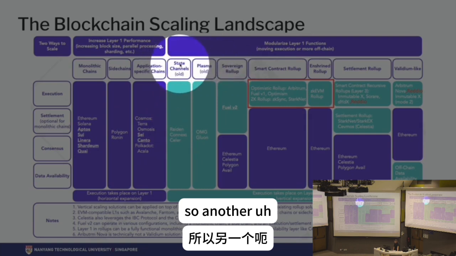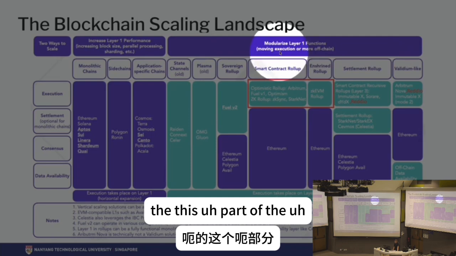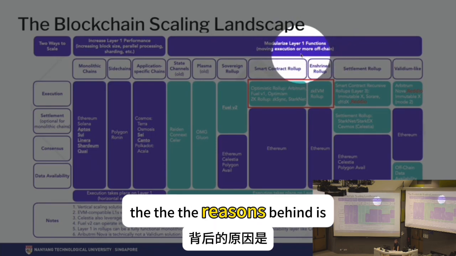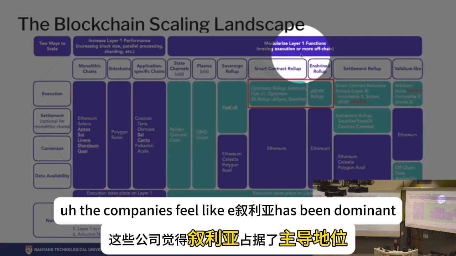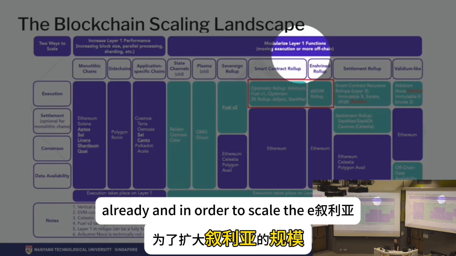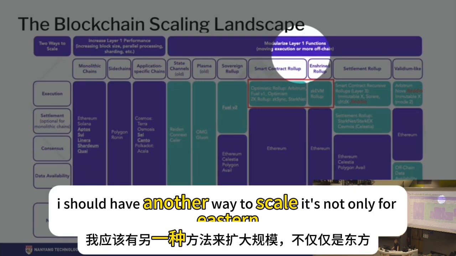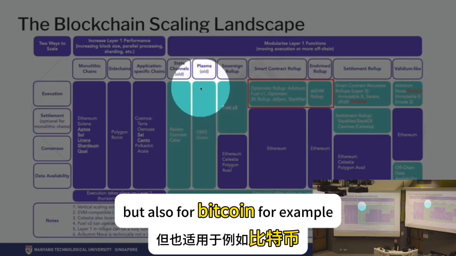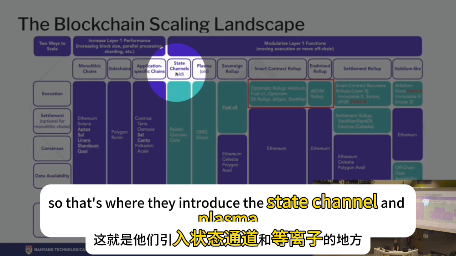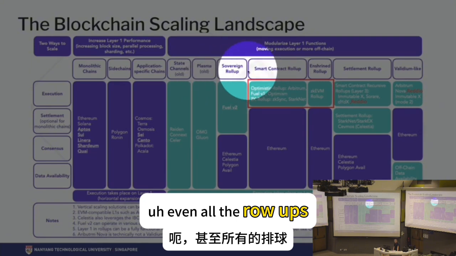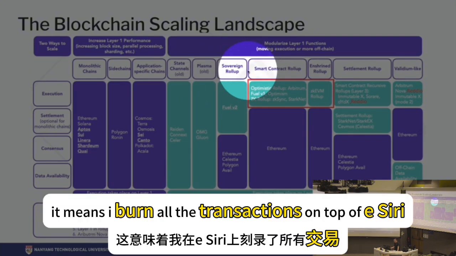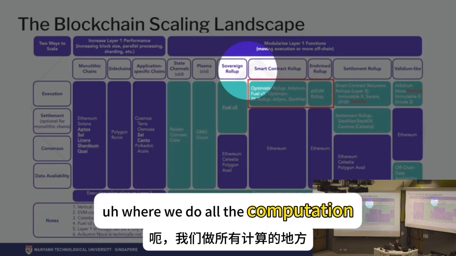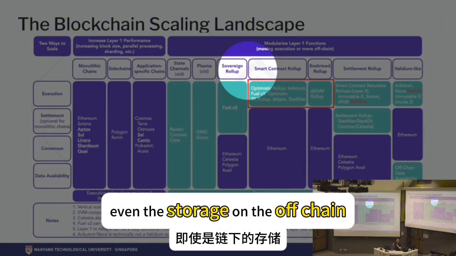Another reason behind this is that companies feel Ethereum has been dominant already, and in order to scale Ethereum, I should have another way to scale. It's not only for Ethereum, but also for Bitcoin, for example. That's where they introduced the state channel and Plasma, even all the rollups, right? The rollup basically means I bundle all the transactions on top of Ethereum, where we do all the computation, even the storage, off-chain.